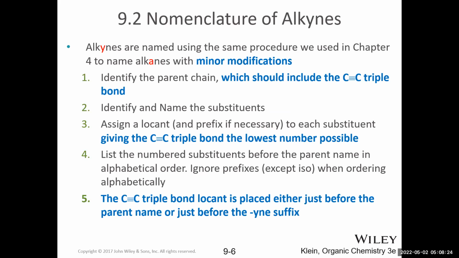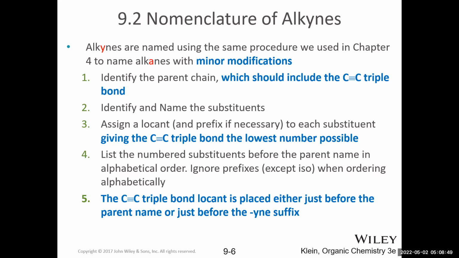Okay, so nomenclature. This is the first time we're really going to be looking at reactions of alkynes and how to make alkynes in detail. And since this is the first look at alkynes, we want to talk about how to name alkynes. It's using the same procedure that we've been using to name alkanes, and then we learned how to name alkyl halides and alkenes.